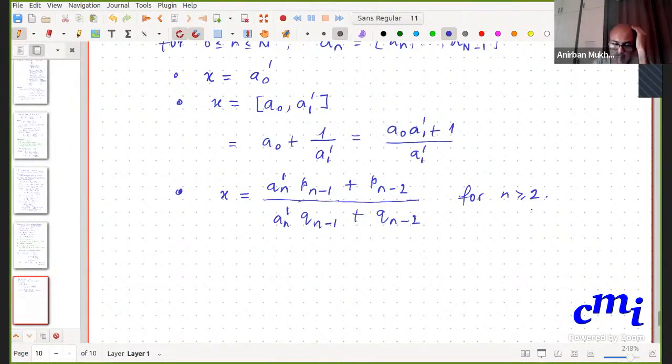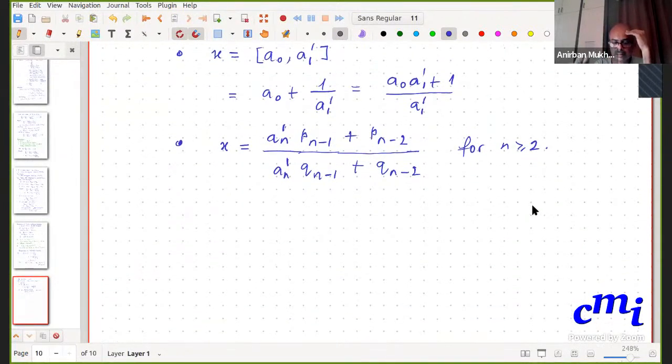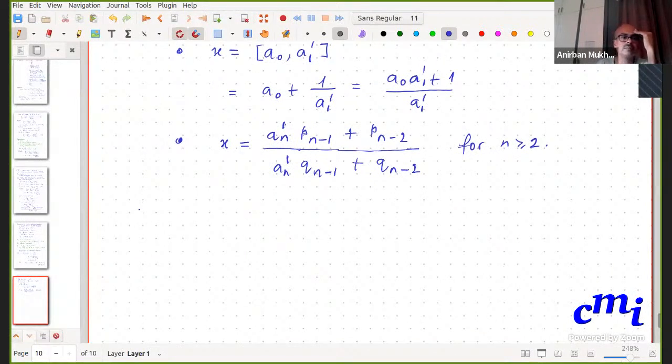Now, what we need to prove is the following. Let's call it a theorem. an is the integer part of an dash.